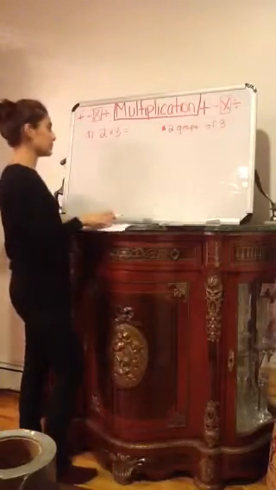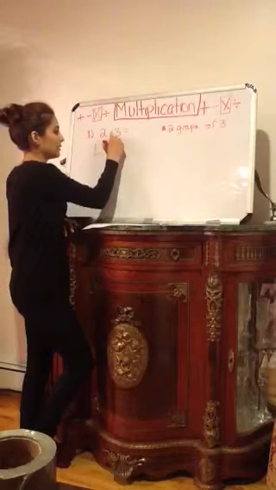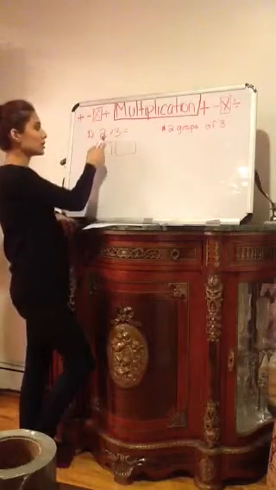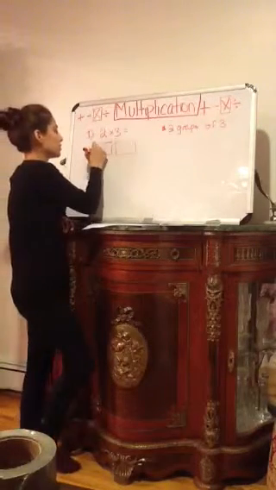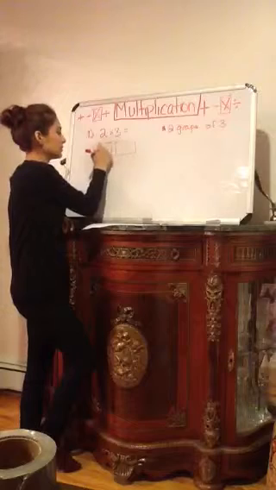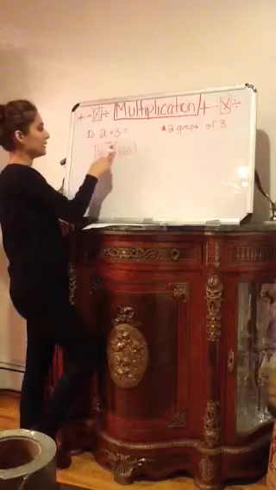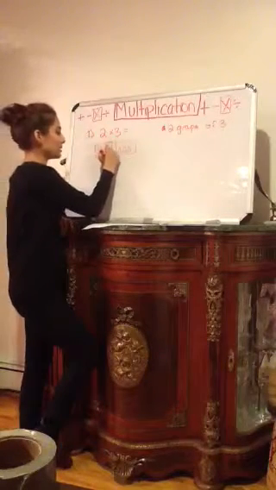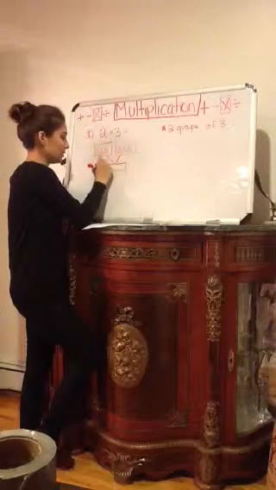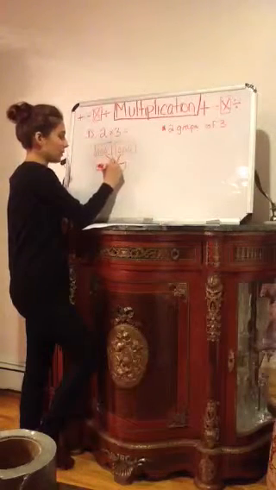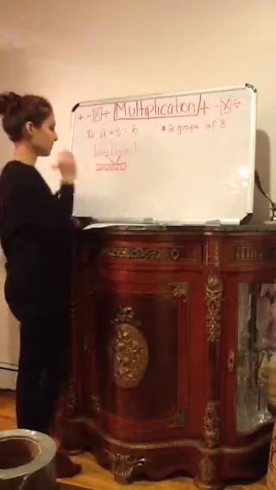First, we're going to make our 2 groups. 1 group and 2 groups. So 2 groups of 3. That means there are 3 items in each group. We're going to be using triangles. So we have 3 items in 2 groups. Now let's merge these 2 groups into one group. We have 1, 2, 3, 4, 5, 6 triangles.